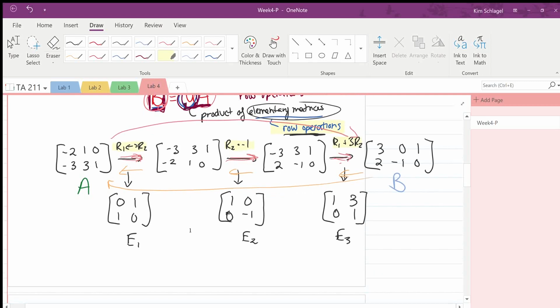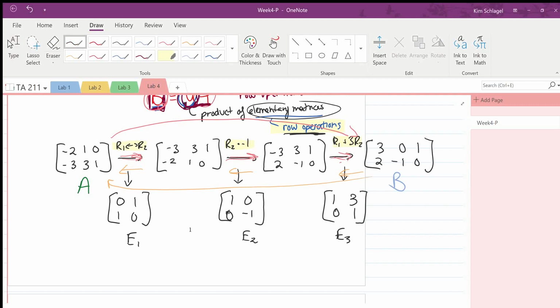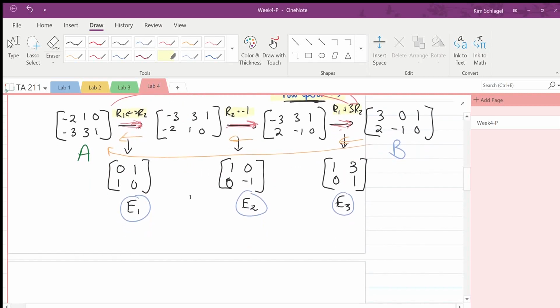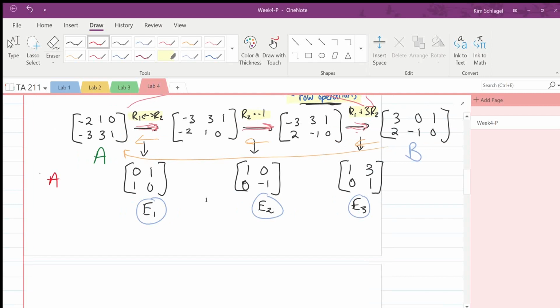Okay, so when we write something like this, we see that right here we have our elementary matrices, and all we have to remember is what I discussed quickly in the last question: when we do this, we're multiplying by A on the left. So if I have A here, I'm multiplying on the left by my row operations, aka my elementary matrices.